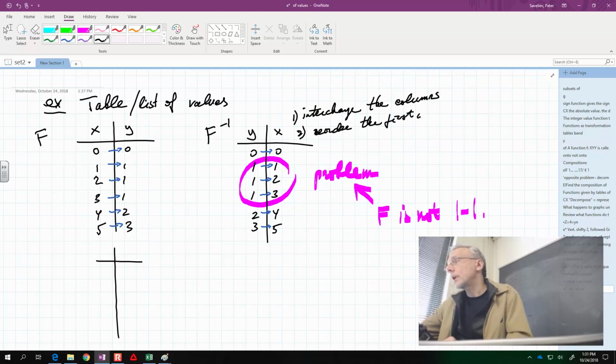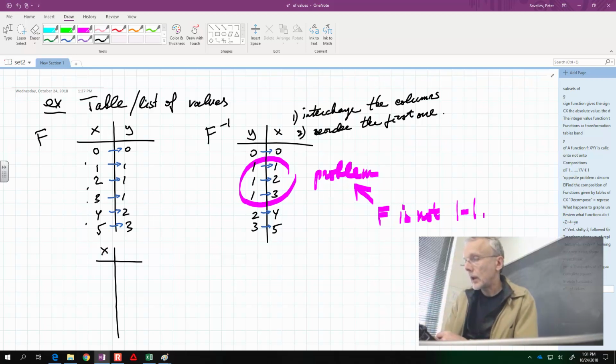Usually your input list is in order of growth. So when the y becomes the input, then you want to do the same thing with it. So let me do that once.